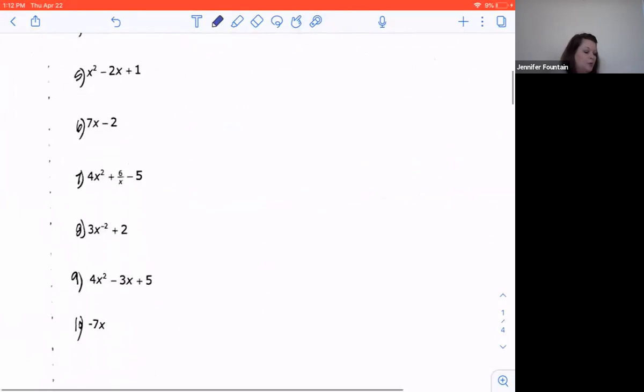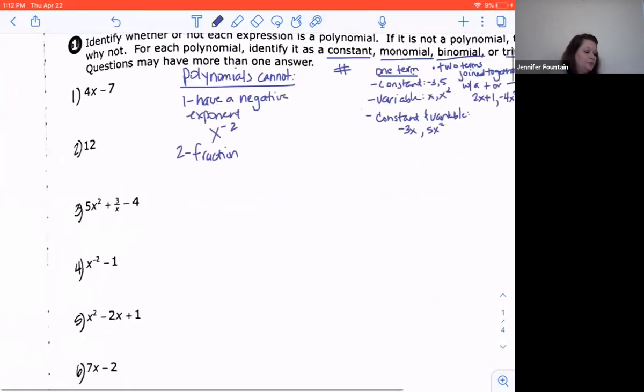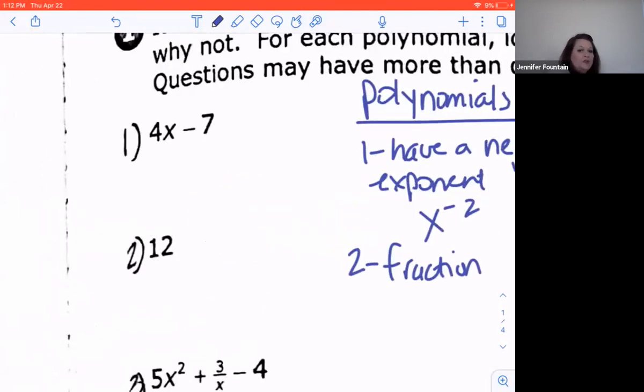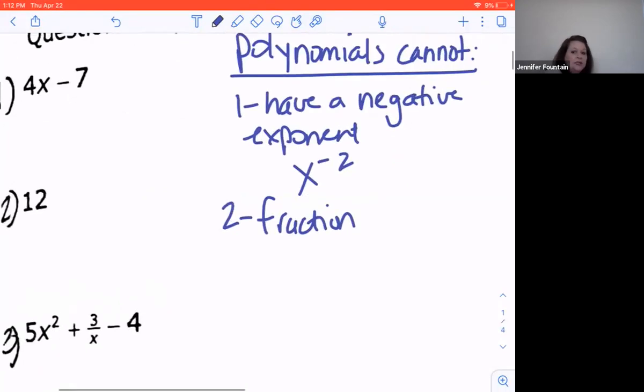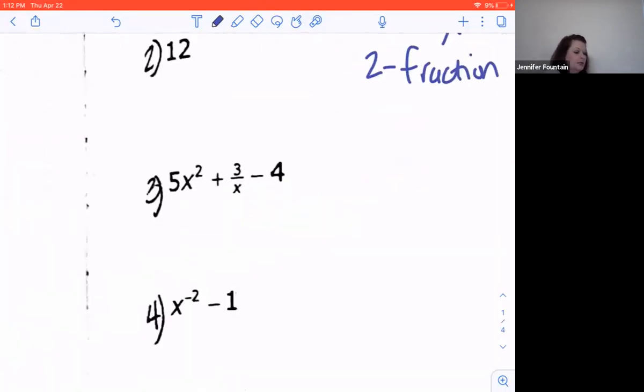Okay. So when I look at my examples here, and I'm identifying, is it a polynomial or not? The main thing I'm looking for are terms separated by plus or minus. But I just said I can't have negative exponents and I cannot have fractions. So when I see number 3, I've got a fraction.